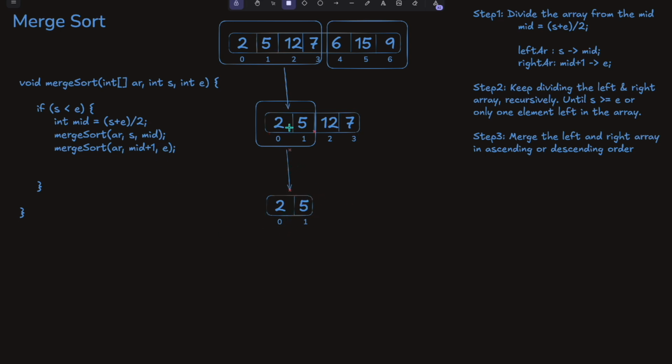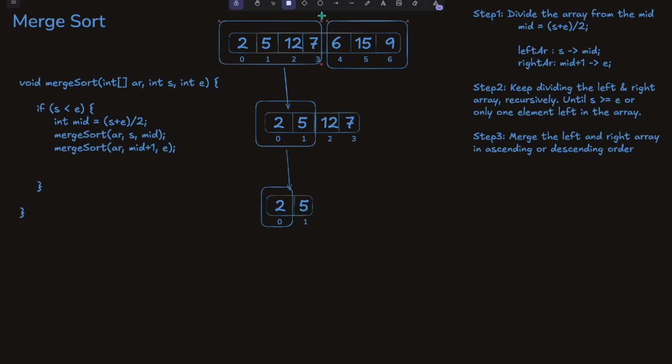So this is the left portion of the previous array, and when you call merge sort with these indexes, again it will find the mid value. Mid is nothing but 0 here, since 0 plus 1 divided by 2 is 0, and array start is 0, mid is also 0. So this will be your left array again, and it will call merge sort again using these index values.